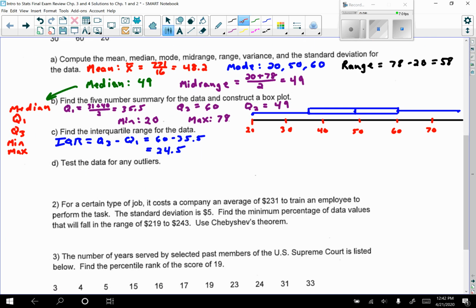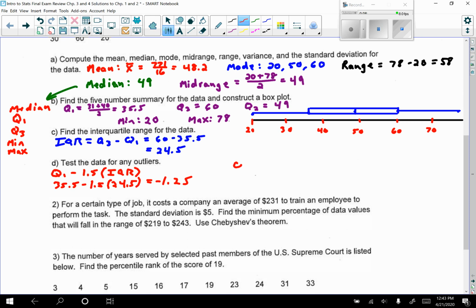So remember, our lower boundary is going to be Q1 minus 1.5 times the interquartile range. So if we looked at that, that's 35.5 minus 1.5 times 24.5. That gives us a negative 1.25. We definitely don't have any values below that.